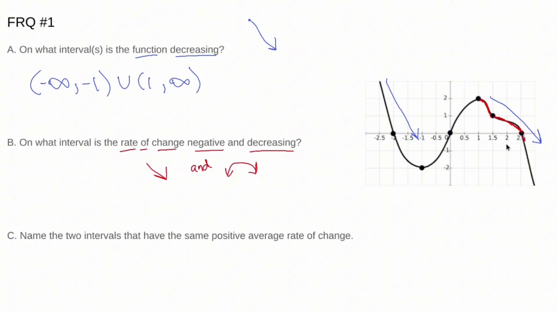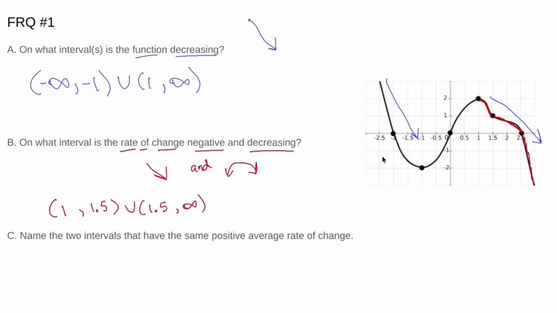So I'm going to not include 1.5 because it seems like it's neither. So what I'm going to say is that it's concave down from 1 to 1.5 union, and then picks back up from 1.5 to infinity.